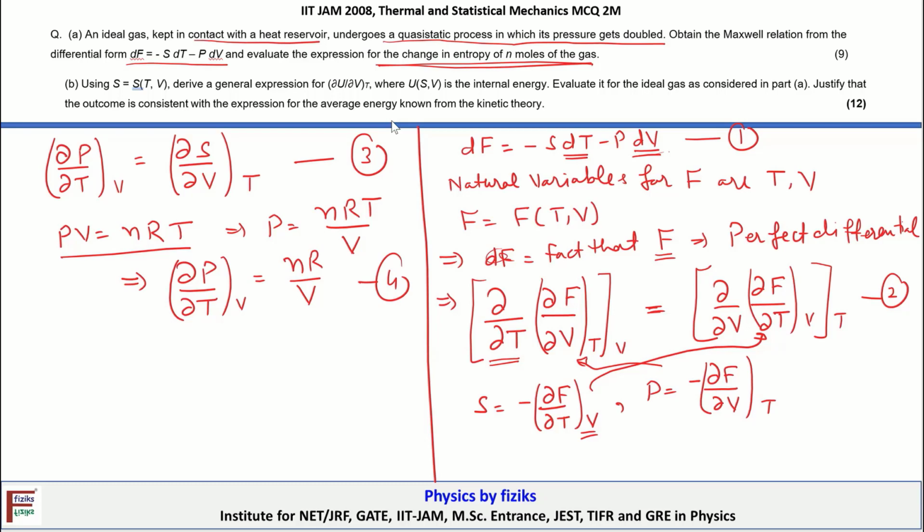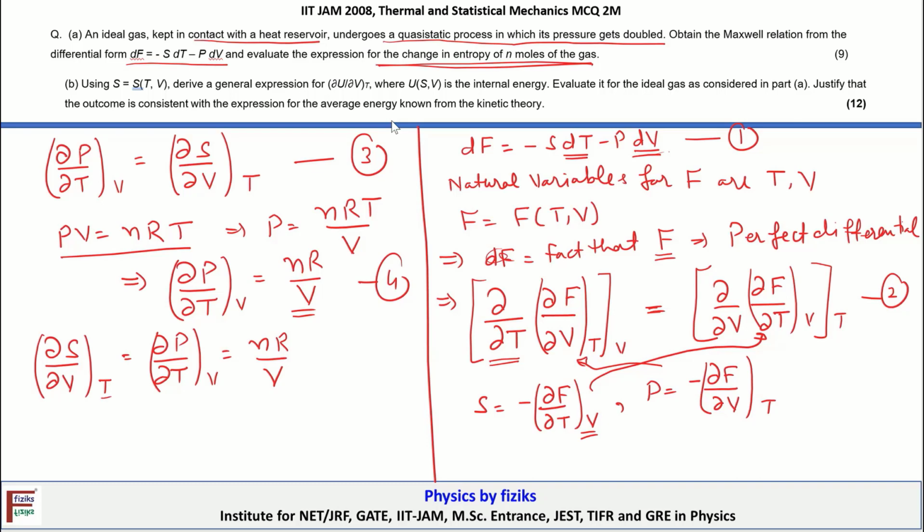So for the ideal gas, ∂s/∂v at constant temperature is equal to ∂p/∂t at constant volume, and this is equal to nR divided by V. Now, this is at constant temperature.